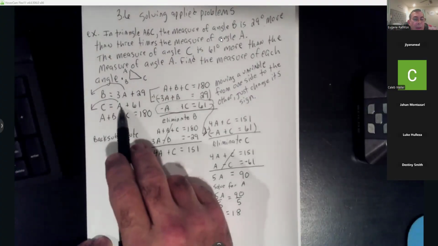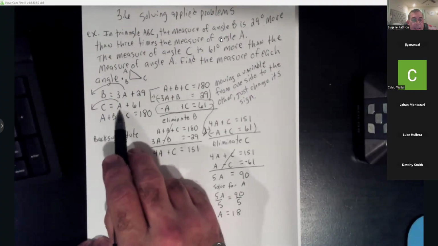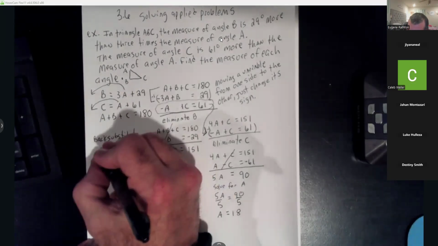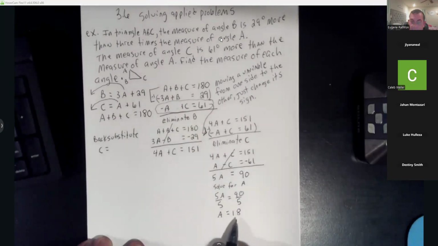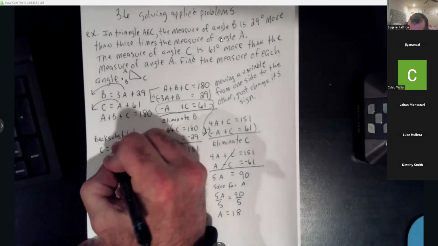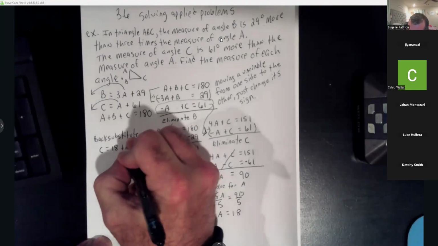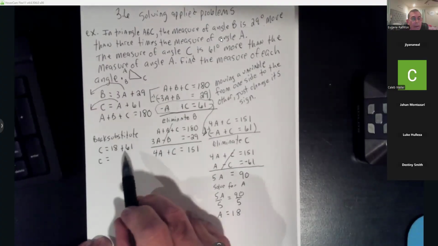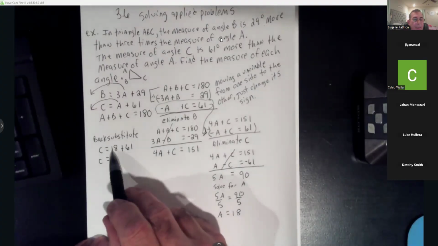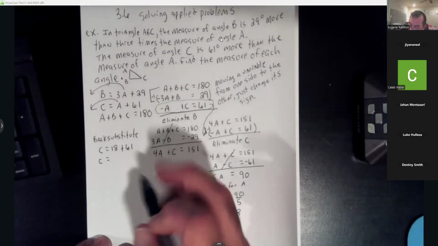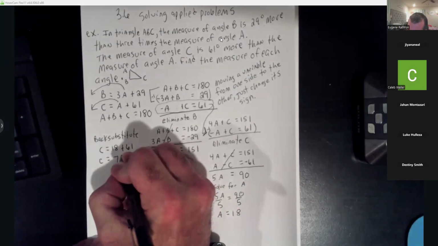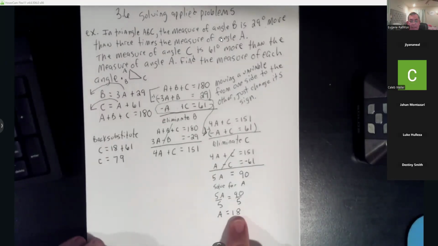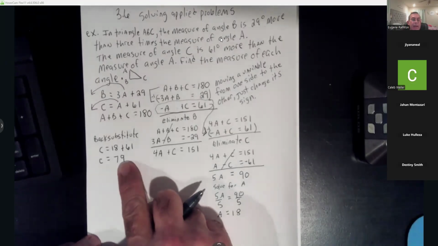All right, so first I'm going to grab this, and it's real easy. C equals A plus 61. Well, A is 18, so I'm going to put an 18 in, add that to 61. All right, y'all, so adding those, I get 79. So now A is 18, C is 79.